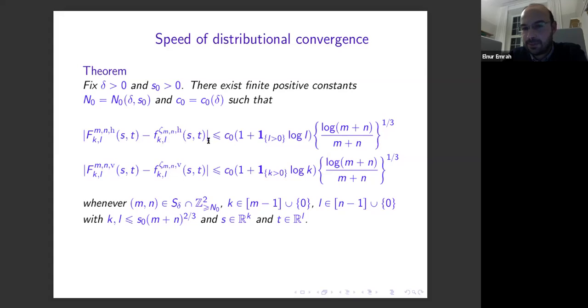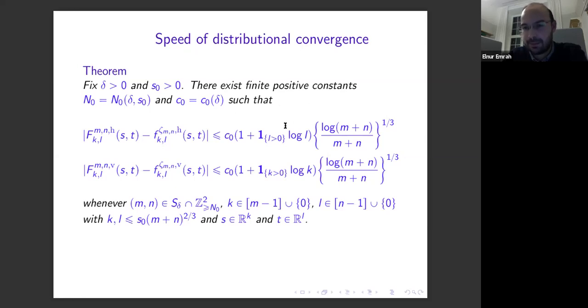This is a technicality that comes from the direction of monotonicity in the increments of the last passage times. I see. So if K and L were just fixed, using this bound, one can get the same bound for the original CDFs, just doing finitely many operations.